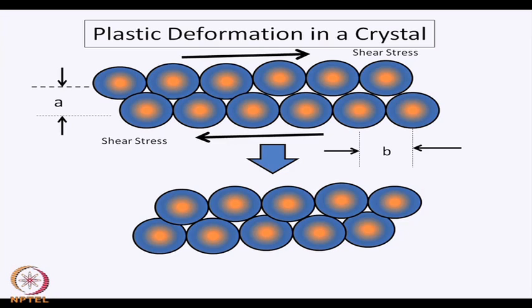So, initially there will be increasing stress, you need more and more stress as you go up the hill. When you are coming down the hill, then of course, you need less stress. So, you do not need a uniform stress to make a deformation in that crystal, or relative movement of the two layers.